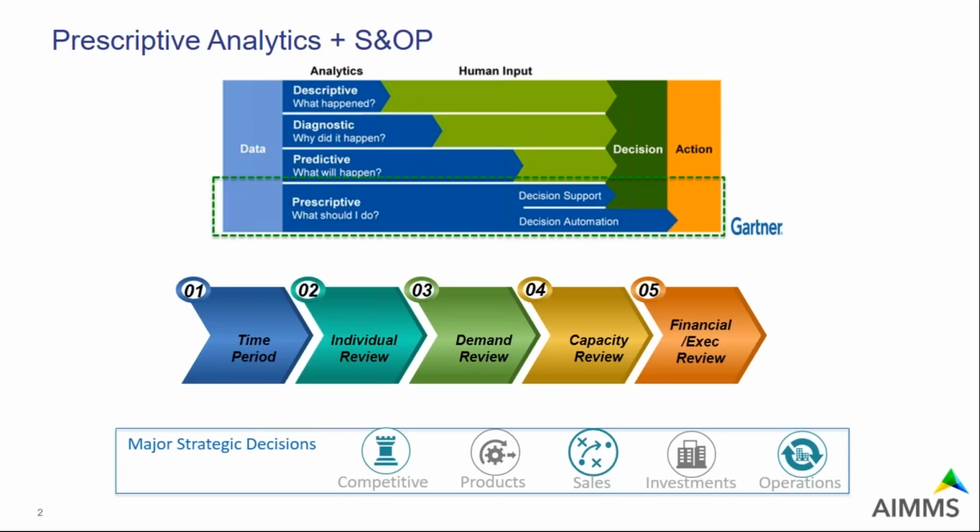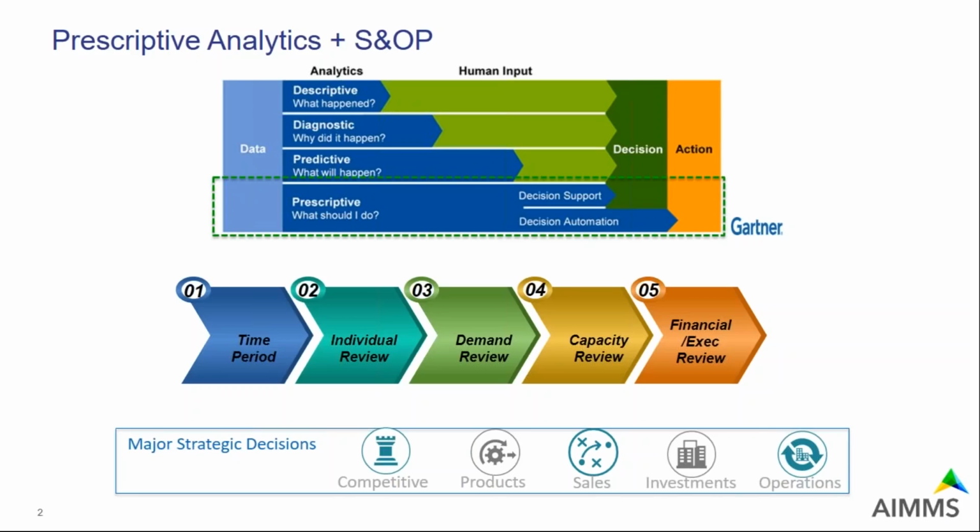We'll hop over diagnostic and we'll look at predictive, and predictive is of course very important to supply chain. It's really where forecasting comes to life, and it's what will happen, or more likely, it's what's probable to happen.